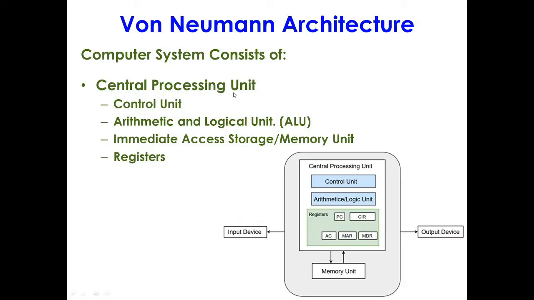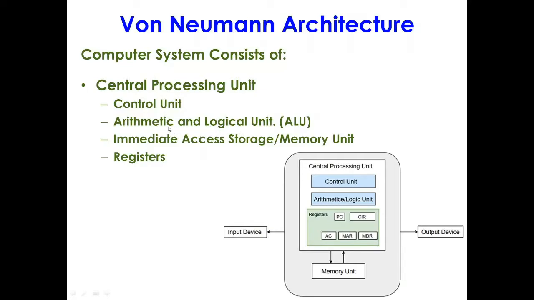Central processing unit is the brain of the computer or the main processing unit. Control unit is responsible to control other parts of the computer. Arithmetic logic unit is used for arithmetic and logical operations.